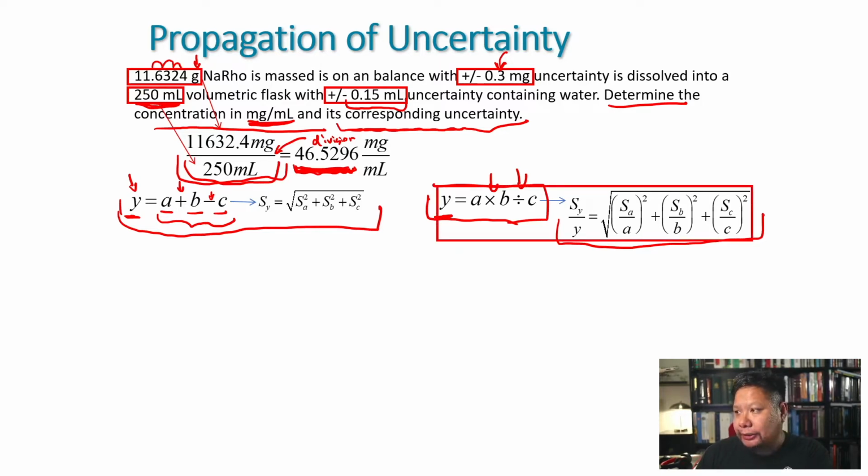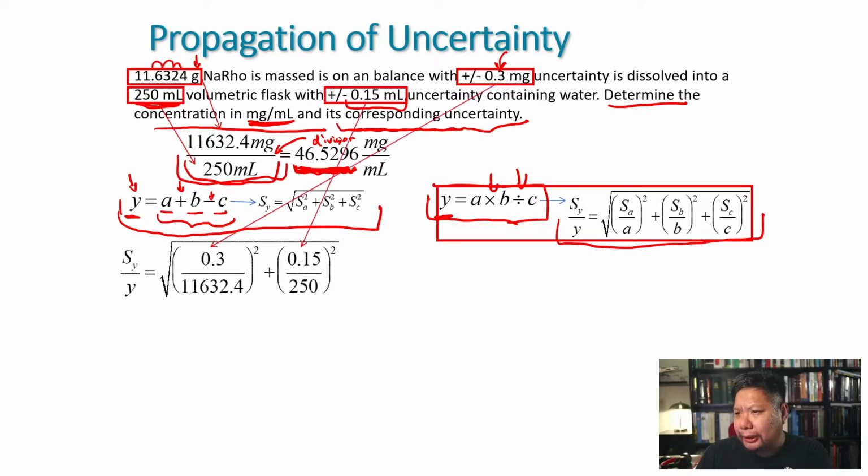And so how do we use this equation? This equation is actually quite easy to use. Not as easy as the first one, but it's pretty easy to use. The thing to note though is that when we have Sy over y, this is actually known as the relative uncertainty.